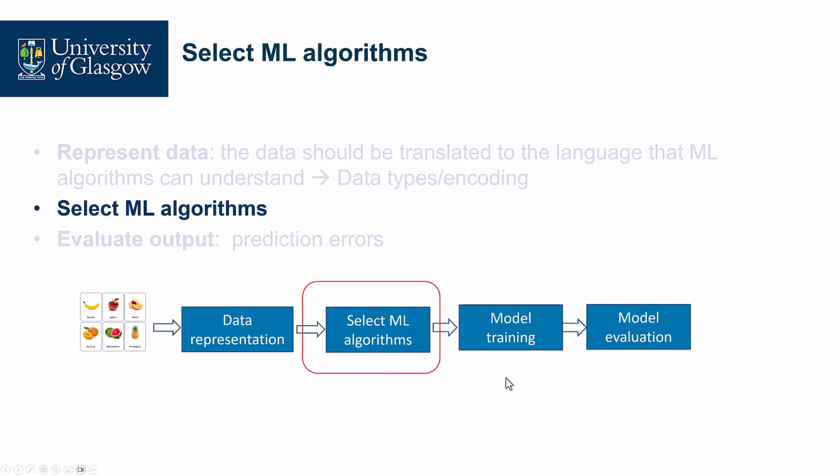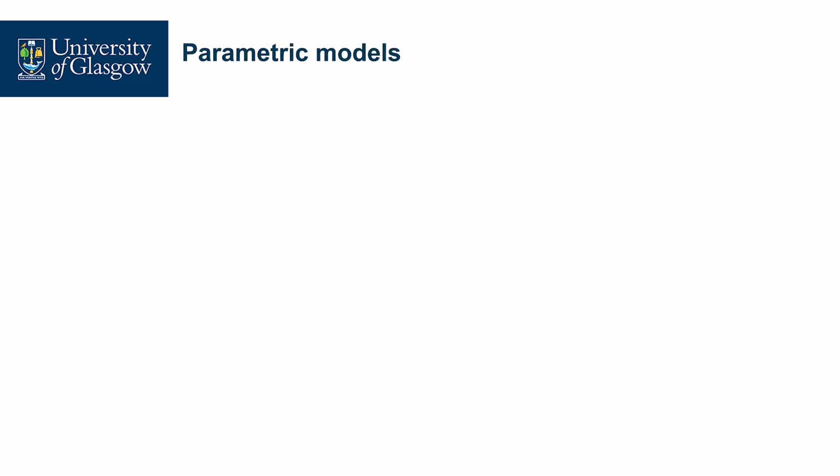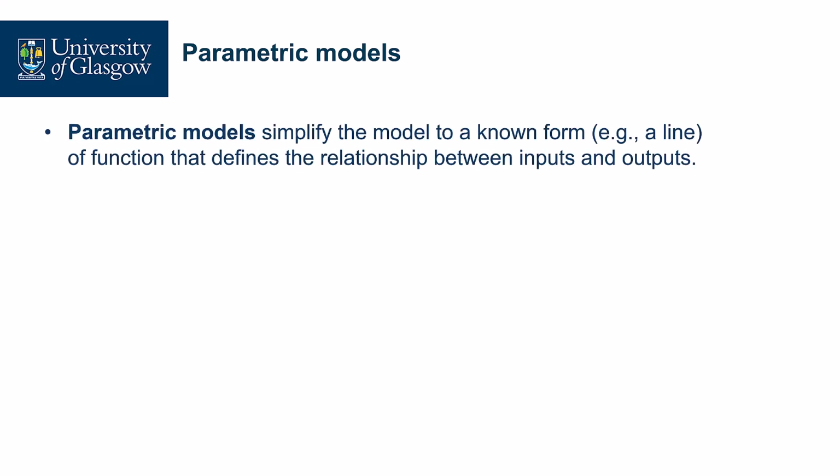Machine learning models can be divided into parametric models and non-parametric models. This session, we focus on parametric models and use the simplest example, linear regression, to represent the characteristics of the parametric models. So what are parametric models? For these models, we have a known form. For example, for y and x, the output and inputs, their relation is a line or a quadratic curve.